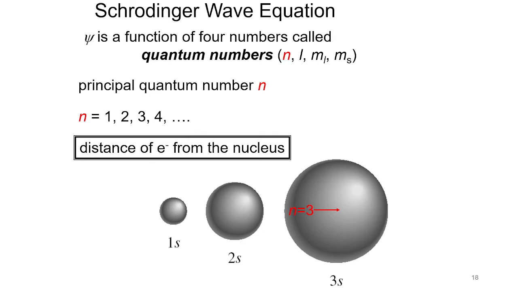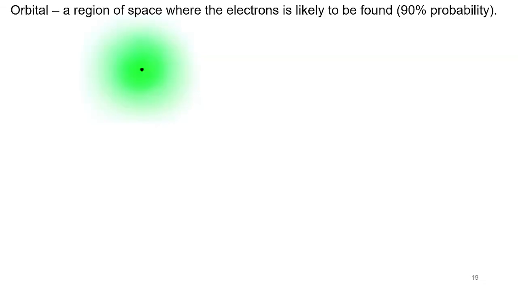Okay? So in that, there is a notion or an approximation called the orbital, wherein an orbital is a region of space where an electron is likely to be found, with 90% probability. Much like how solar systems and galaxies work, there is a center nucleus. For example, in the solar system, we have the sun, and orbiting or revolving around the sun are the planets, wherein we can say that the planets work as our electrons.